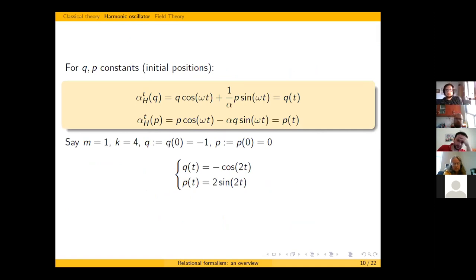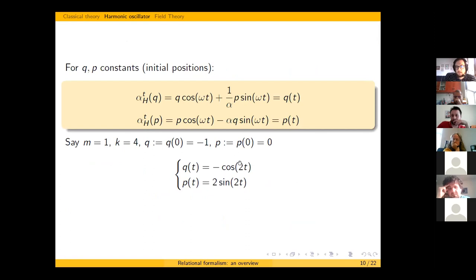But if you want to have something that is gauge independent, so it doesn't depend on time, right? If you have Q and P, they both depend on time. And so the purpose of this F function would be to make a relation between Q and P, which are both functions of T, and eliminate this T. Yes, exactly.